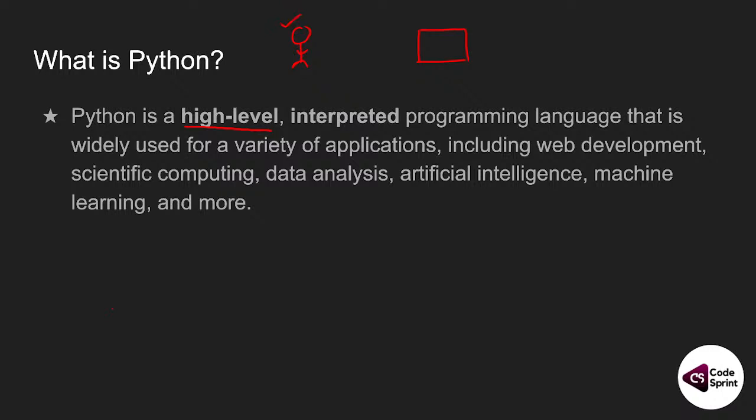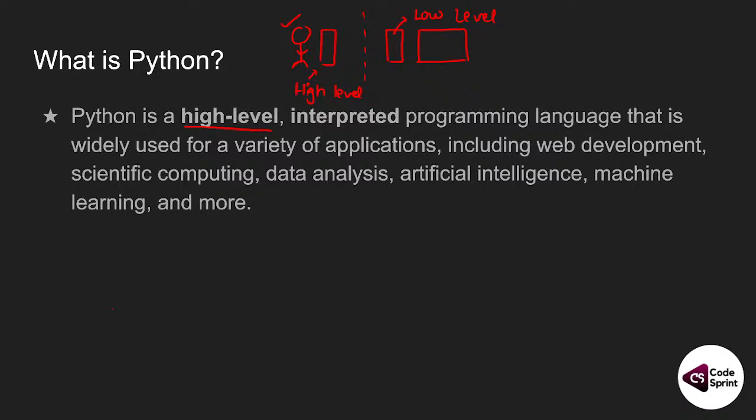We need one language for that. If the language is closer to the machine language, then it is going to be a low level language. If the language is closer to the human readable form, then it is known as high level. I hope it is clear to everyone.